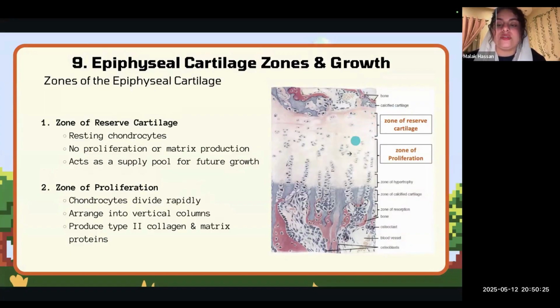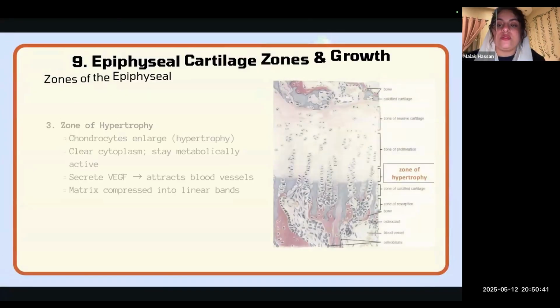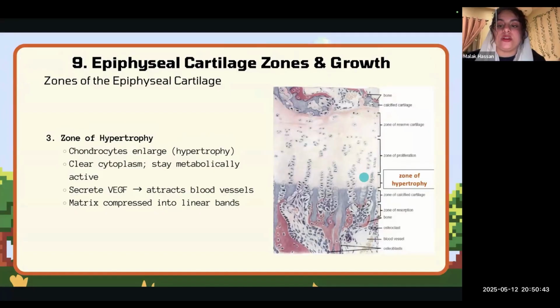Then you have the zone of proliferation. The zone of proliferation is where you have chondrocytes that are dividing rapidly. They're growing, they're proliferating, and they're arranged in vertical columns, and they produce matrix proteins and type 2 collagen. Then you have the zone of hypertrophy. This is the zone where the cells begin to hypertrophy, they begin to grow in size, and they secrete VEGF, which will attract blood vessels to them.